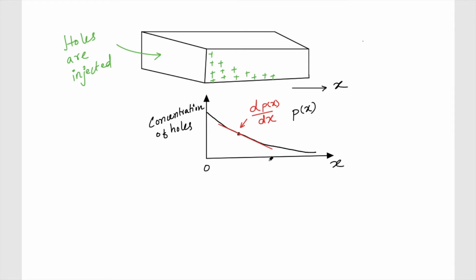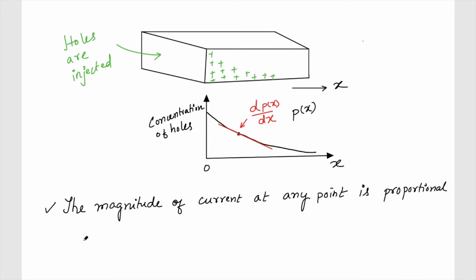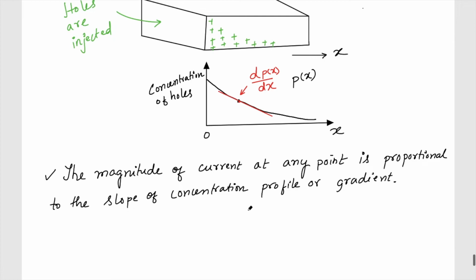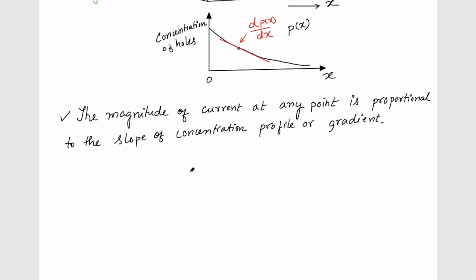So the magnitude of the current at any point is proportional to the slope of the concentration profile, or the gradient. So we can write Ip is directly proportional to the slope, which is dp(x) by dx.